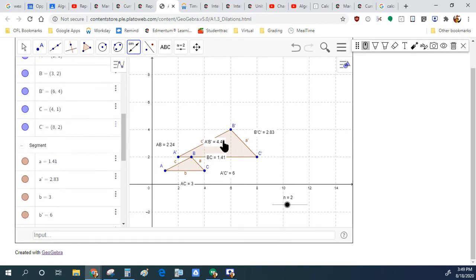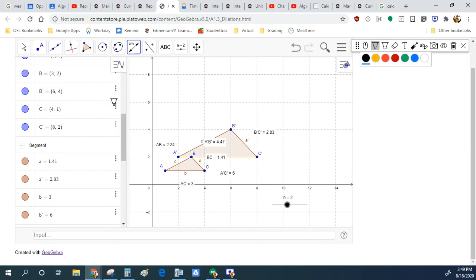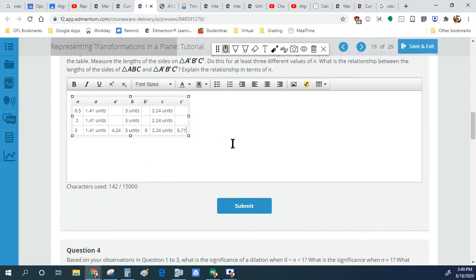You don't even have to do the measuring thing if you don't want to. So right here, if I wanted to do it for 2, here's my answer for 2. I can scroll down to get to C. I don't want to scroll down because that's going to move these little circles.